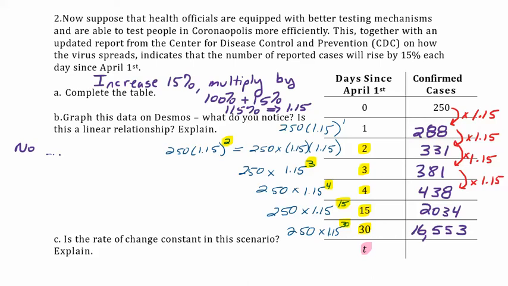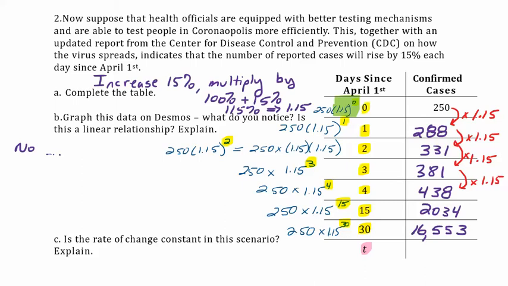And we've talked about this a while ago, but it also works for 0, because anything to the 0 power is 1. So if you punch into your calculator 250 times 1.15 to the 0, you're going to get 250, because 1.15 to the 0 is just 1. So it's 250 times 1. So the pattern works all the way down the table, which is exactly what we want.